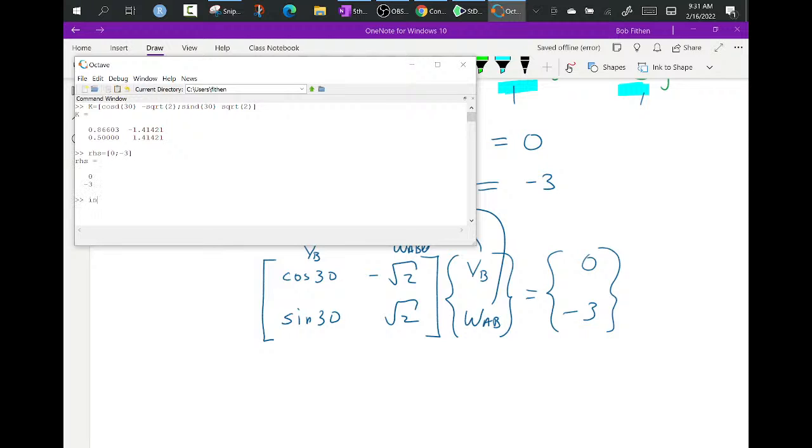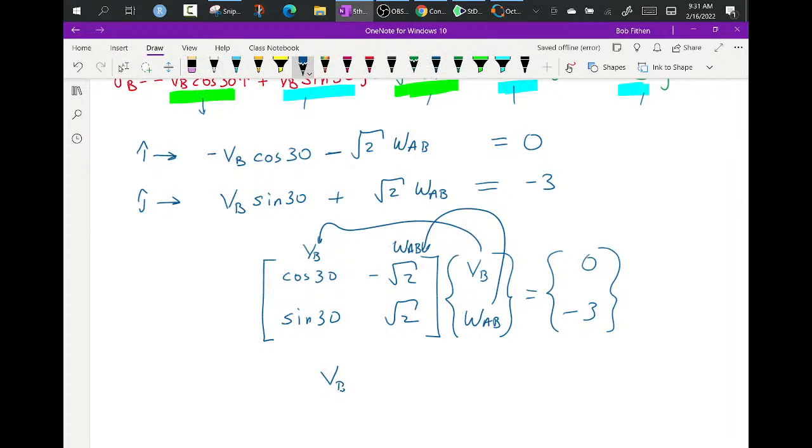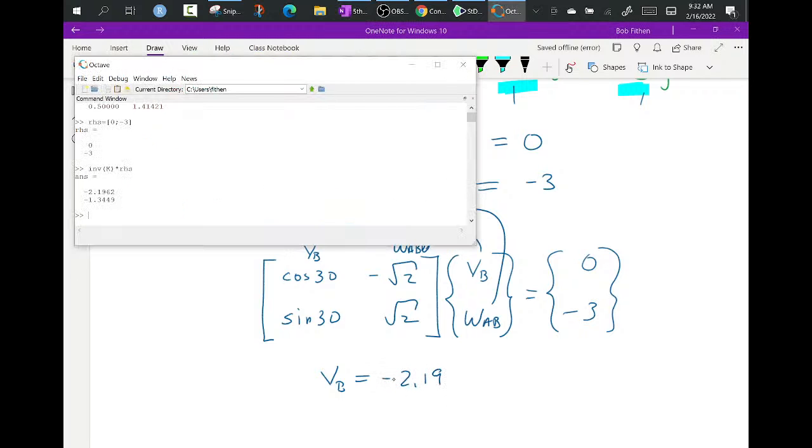The inverse K multiplied times the right hand side, and you get the velocity C, and it's 2.1962.